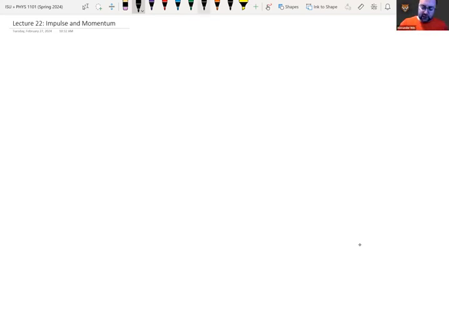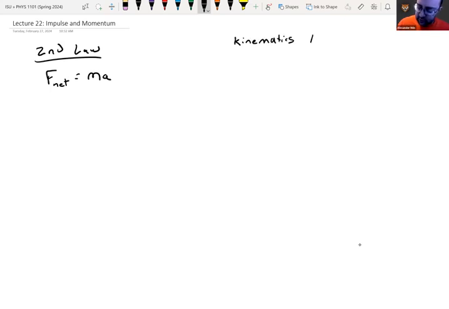Okay. So as a reminder, we have the second law, F net, the sum of the forces, equals mass times acceleration. Now the kinematics equation we're going to use: there were a bunch, but we're going to use another one of the ones with acceleration. This time it's V final equals A delta T plus V initial.